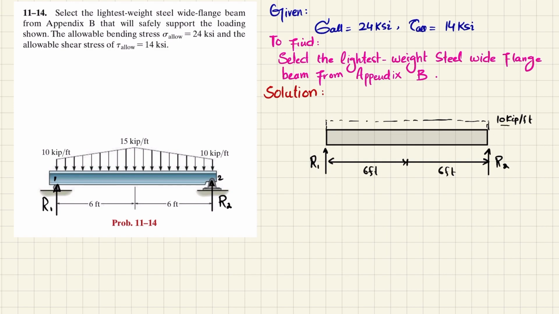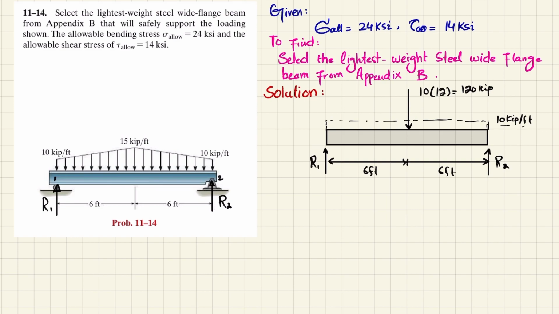When this distributed load is converted into a point load, it will be 10 times the total length, which is 12, not 6, because 6 plus 6 is 12, so that equals 120 kips, because we have multiplied with length.